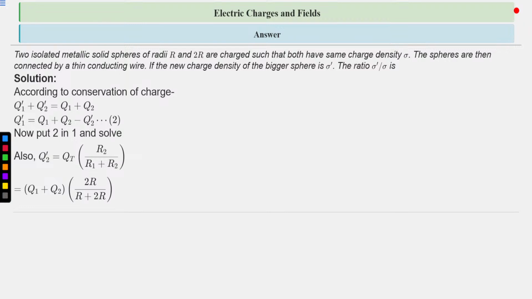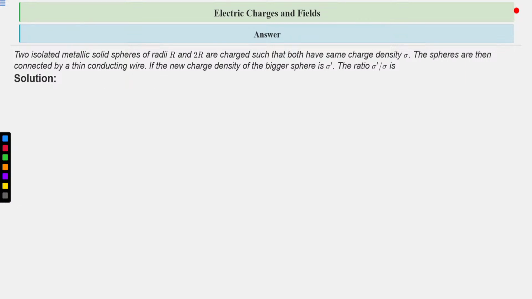We will get Q1 plus Q2, that is total charge, and 2R upon R plus 2R. Now after solving, we will get 5Q1 into 2 by 3.